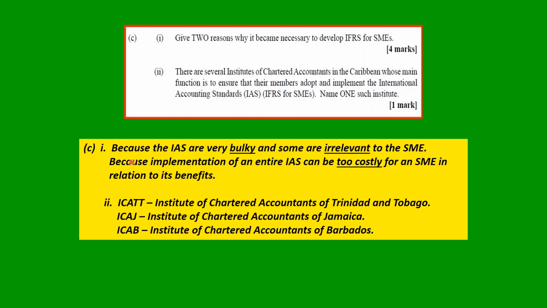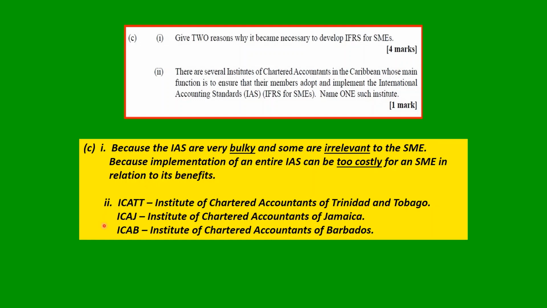Okay, and secondly, because implementation of an entire international accounting standard can be too costly for an SME in relation to its benefits, right? So it didn't make sense implementing a full IAS.